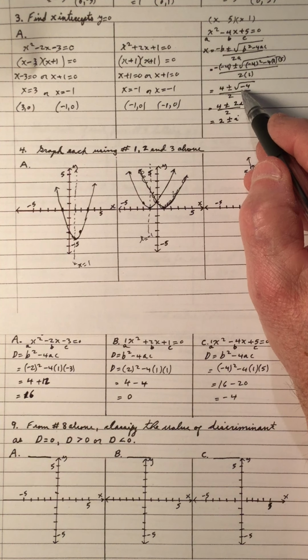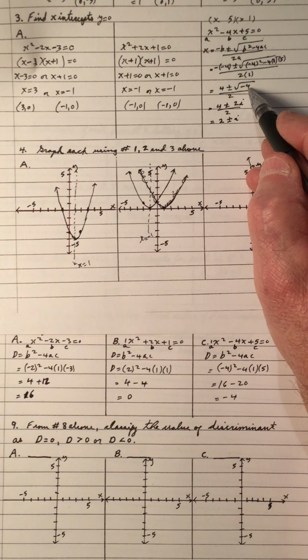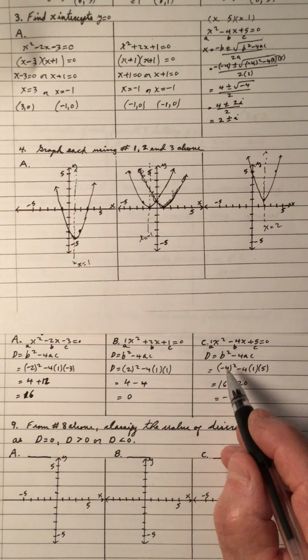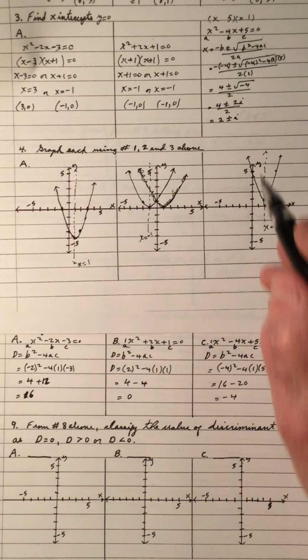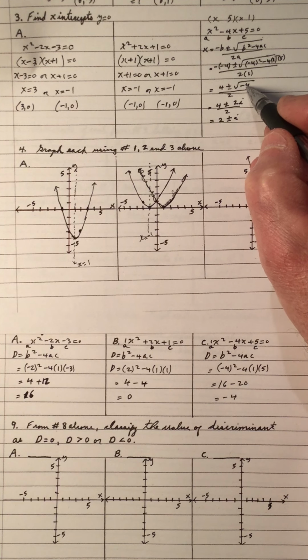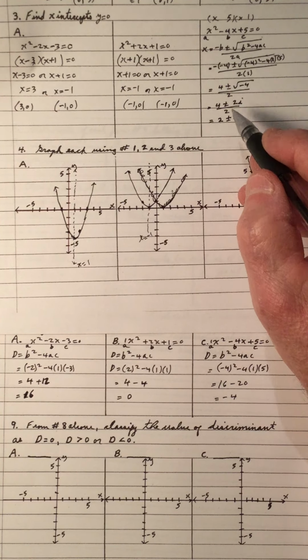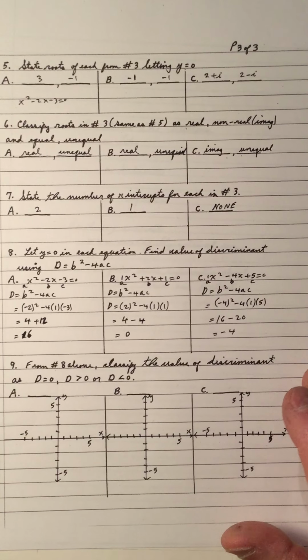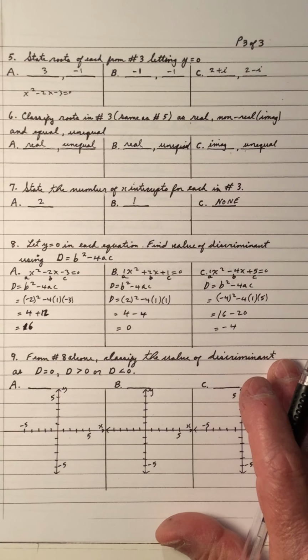This b squared minus 4ac became a negative 4, which is what I have here. And when that's a negative number, we have imaginary roots. So let's go back to the sheet.